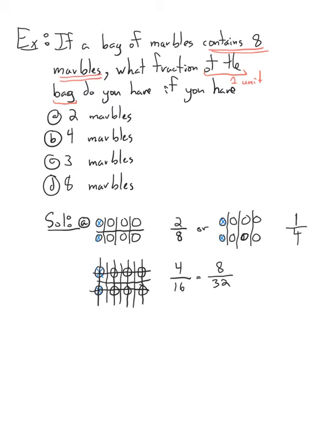So let's do B. So B is 4 marbles. So let's say we have these 4. And of course, well, one way of doing it is we can make each piece, each equal piece, have 4 marbles.